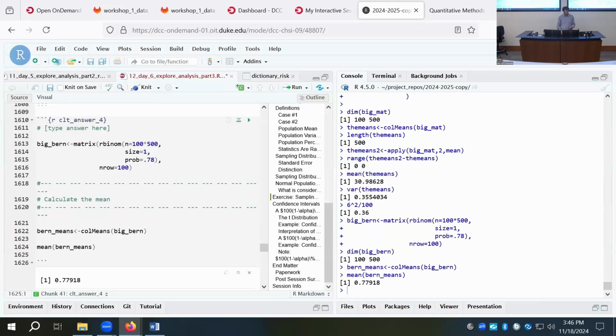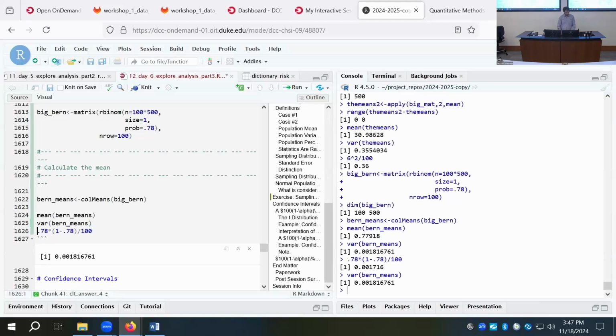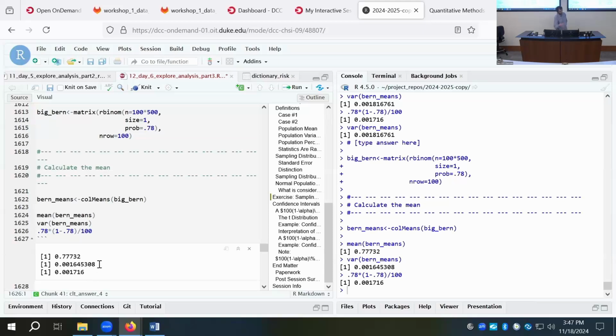When we calculate the variance, it should be 0.78 times 1 minus 0.78 divided by 100. It comes out to 0.0018166761. Let's see if that matches what we think it should be. We do 0.78 times 1 minus 0.78 and divide by 100. Very similar, not exact. The values changed there because I didn't set a seed in this example. But you can see it doesn't really matter because they're going to come towards the same thing.